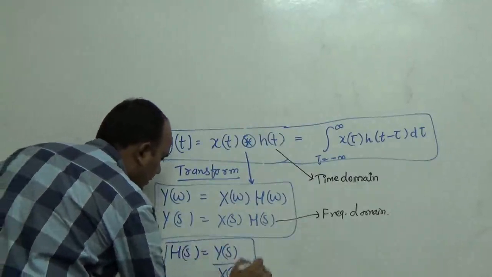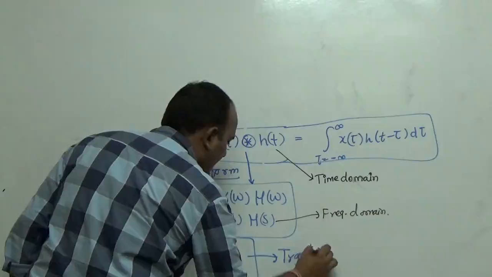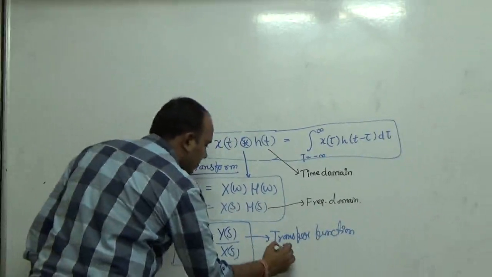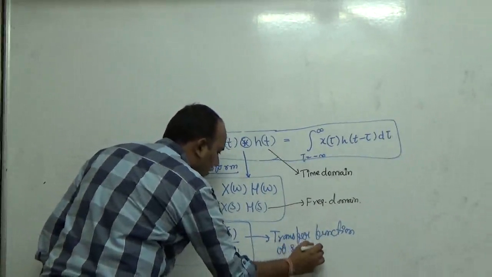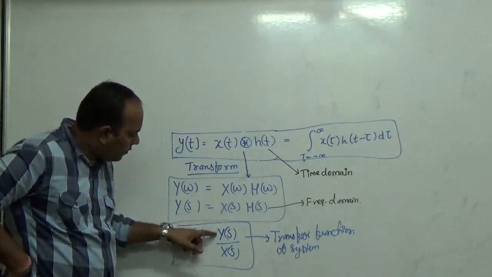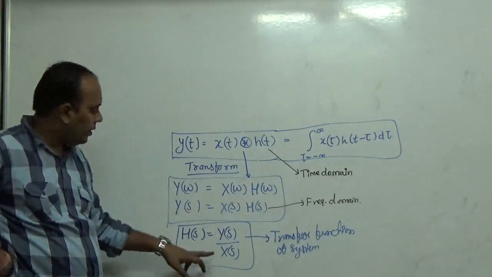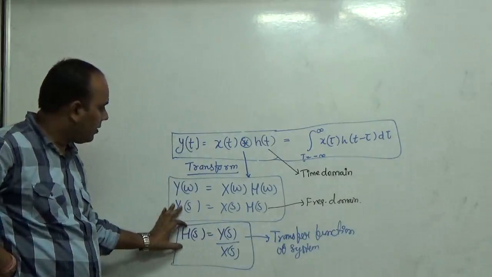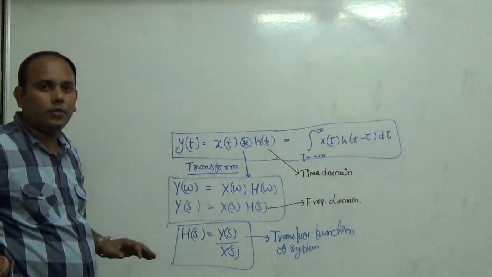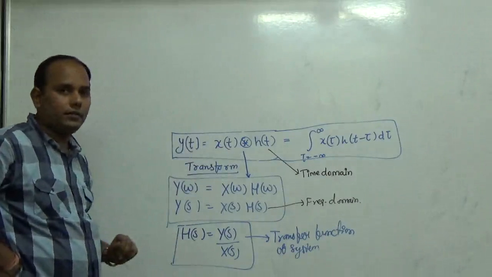That means this H(s) is the transfer function of the system. The transfer function of any system is defined as the Laplace transform, or any transform, of the output divided by the transform of the input, Y(s) upon X(s). We can get this by using the LTI system and the convolution. So that was the overall relation between the convolution, the LTI system and the transfer function.